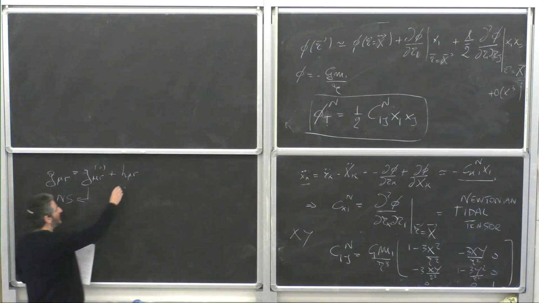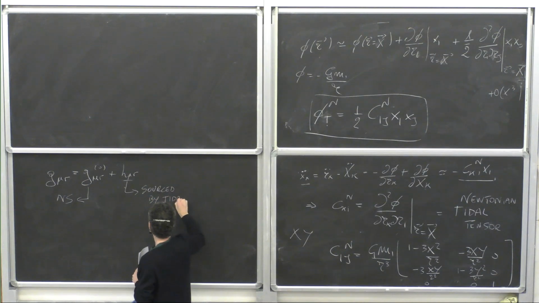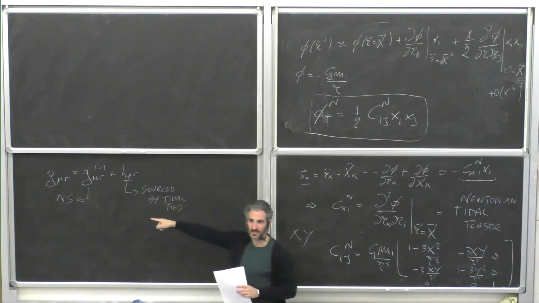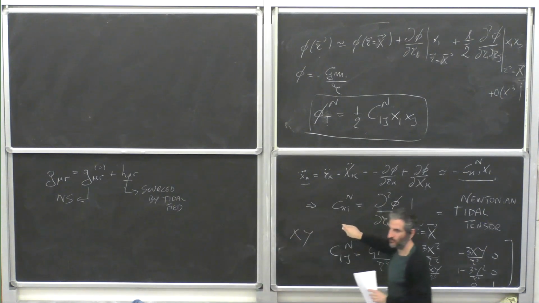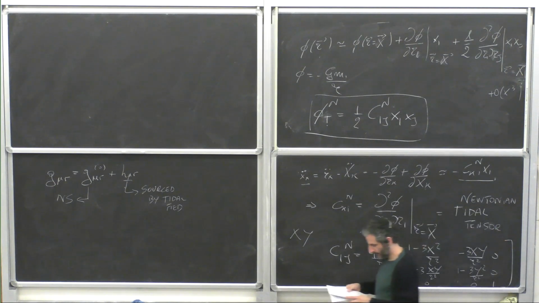This is the perturbation that will be sourced by the tidal field. When you know this, you know everything, and then you can also compute the effects on the relative acceleration between bodies, and you solve for the full system.